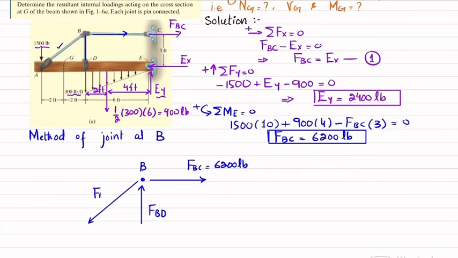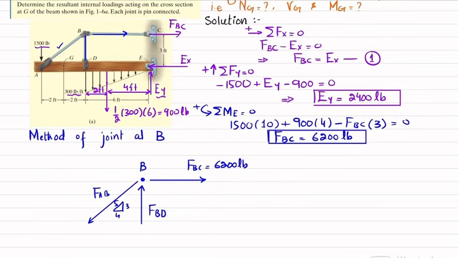You can see that this side is 3 feet and this side is 4 feet. By Pythagoras theorem, FAB will be 5. So let me draw the ratio for the 3, 4, 5 triangle. This is 3, this is 4, and this is 5.